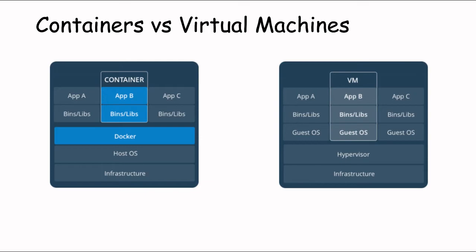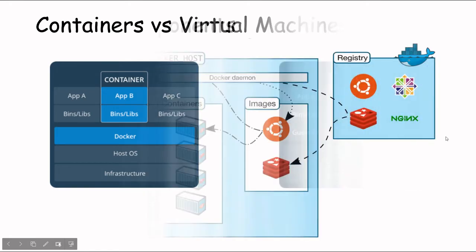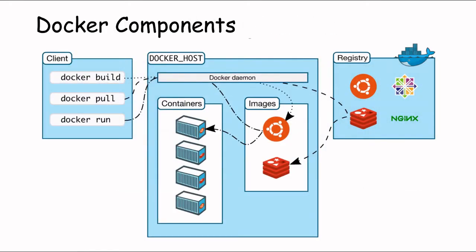So let's move ahead to check out the components of Docker. Majorly, there are three components of Docker, that is client, Docker host and registry. Now coming to the Docker daemon, the Docker daemon listens for Docker API requests and manages Docker objects such as images, containers, networks and volumes.